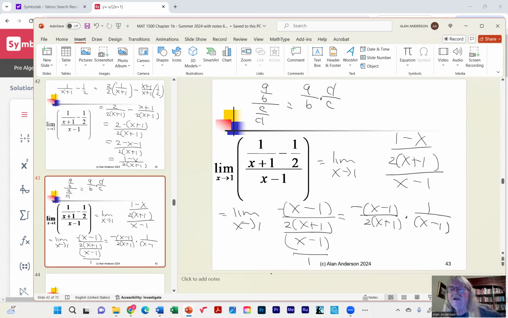Now we're getting somewhere. These drop out, and I have negative 1 over 2x plus 1. And remember, I'm trying to take the limit as x goes to 1. So if I plug in 1 here, I'll end up with negative 1 over 2 times 1 plus 1, or negative 1/4.